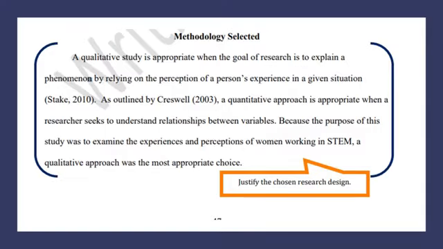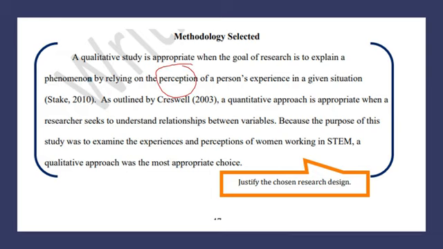Here is a practical example to clear the concept of methodology. Methodology is the justification. For example, a qualitative study is appropriate when the goal of the researcher is to explain a phenomenon by relying on the perception of a person's experience in a given situation.